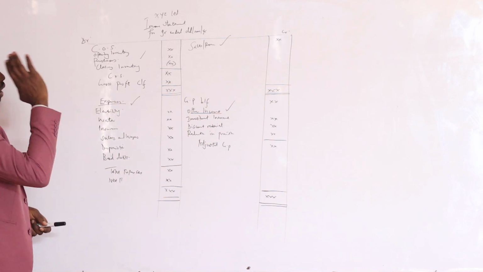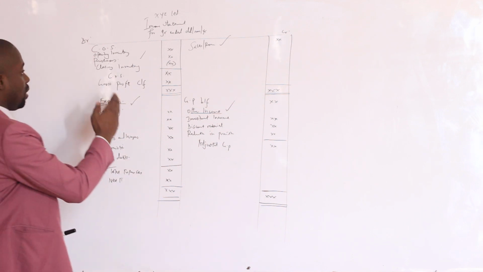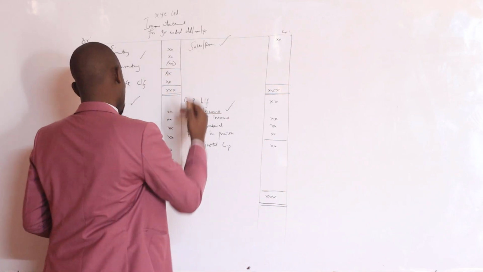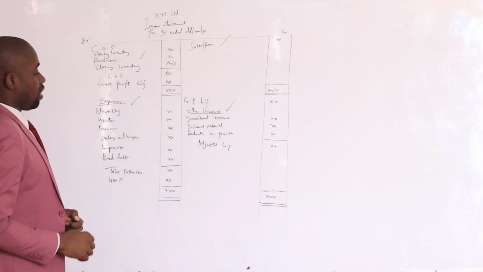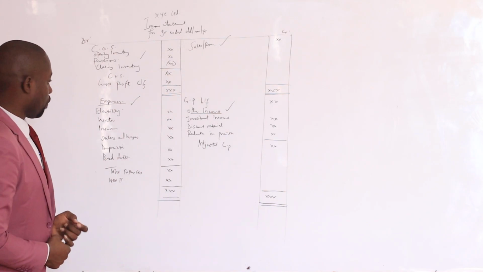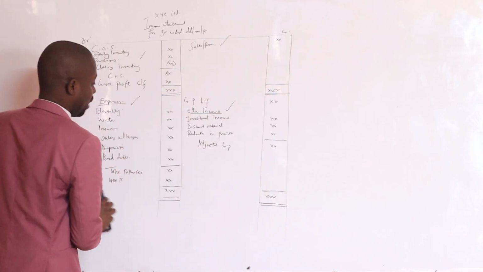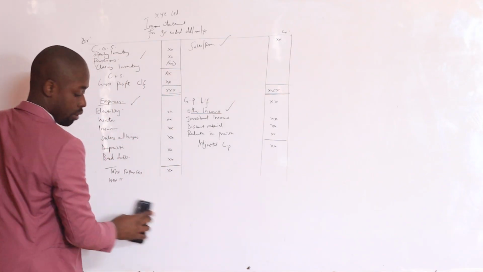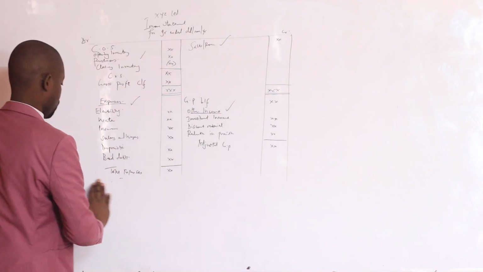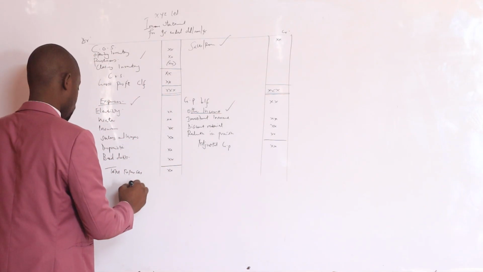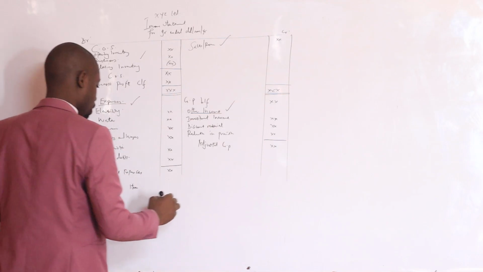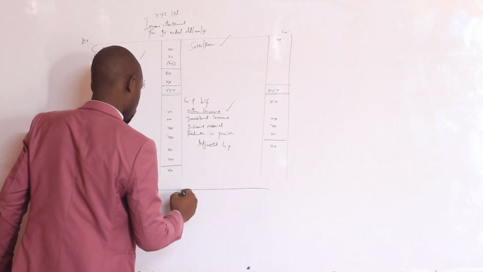So I will only pick purchases from this list: expenses, sales stroke revenue, and incomes. And I want us to understand the double entry for all of them. Just like the SFP items, let me do the list down here. So you have the item, you've got increase and decrease.